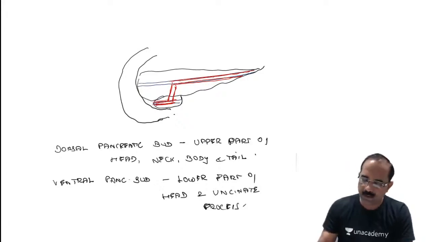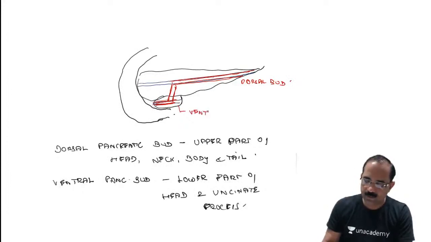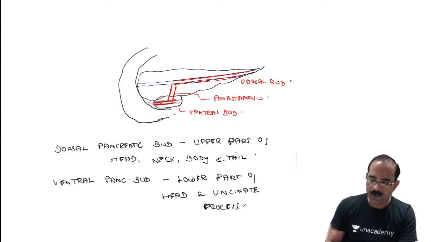I'll just write it like this: duct of the dorsal bud, duct of the ventral bud, and the anastomosis between them. This becomes the main pancreatic duct.